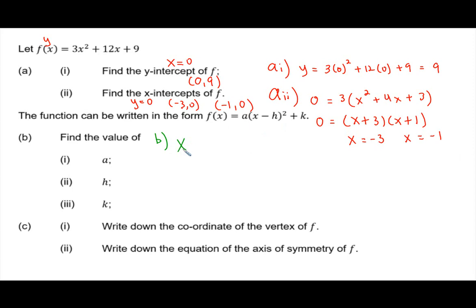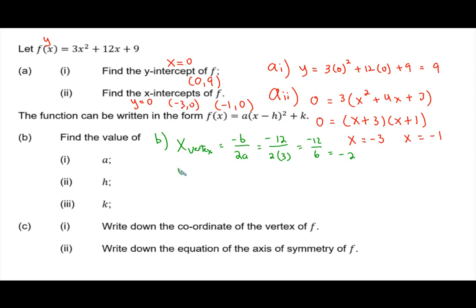So remember to find the x value of the vertex, if we have standard form, that's when we do negative b over 2a. So we have negative b, which is 12, divided by 2 times a, which is 3. So this is going to give us negative 12 divided by 6. So we end up with negative 2. So the x value of the vertex is negative 2.